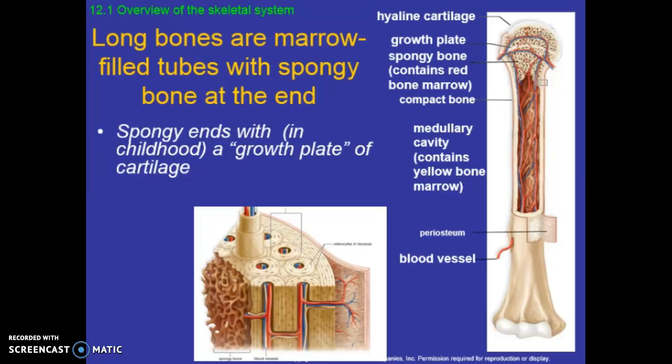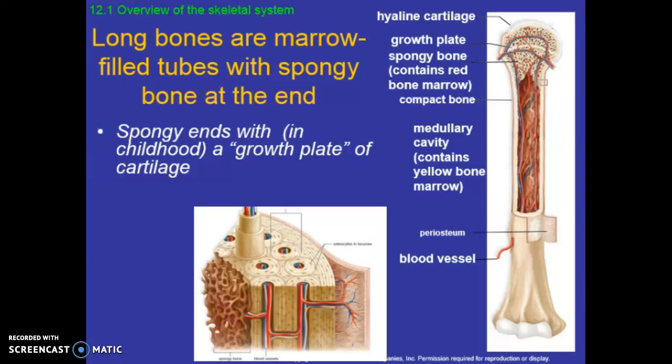The spongy ends have a growth plate of cartilage. It's important to maintain the proper integrity of that growth plate throughout the period of skeletal growth: infancy, early childhood, adolescence is when you're going to see the growth of the skeleton.